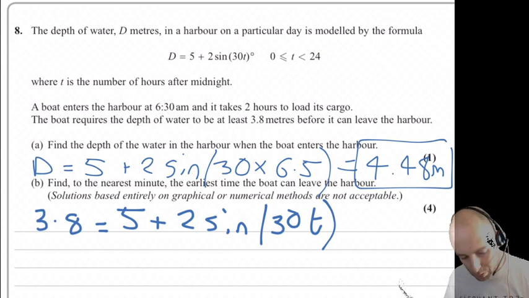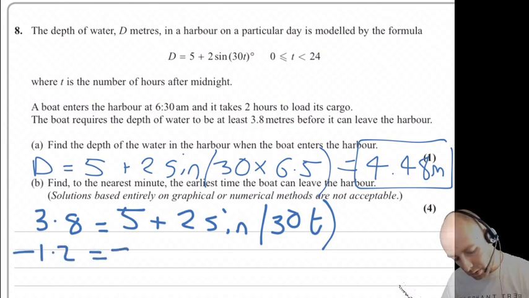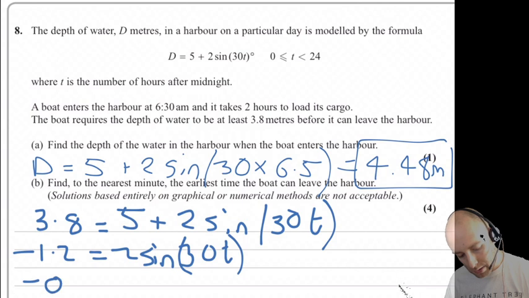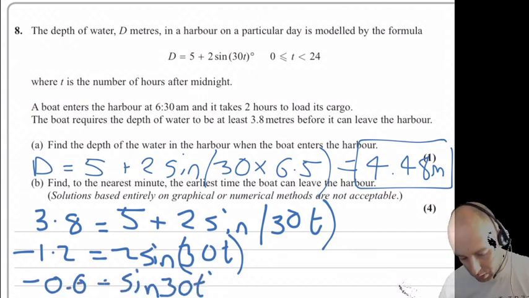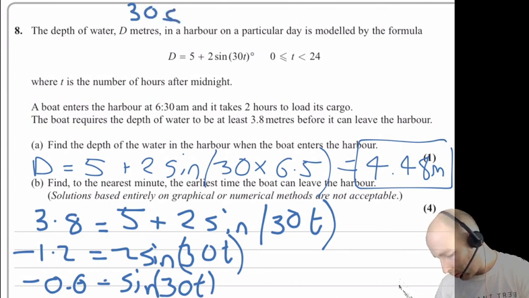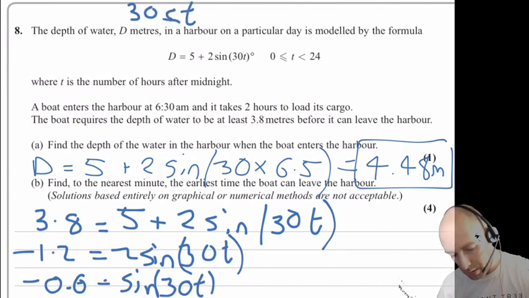So if we take away 5 from each side, we're going to get minus 1.2 equals 2 sine 30t. Divide that by 2, minus 0.6 is sine 30t. Now I need to stretch my limits, so I'm going to times them by 30. So we're going to go from 30t to 720.